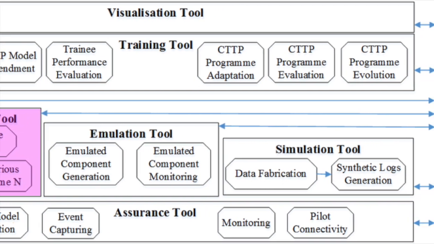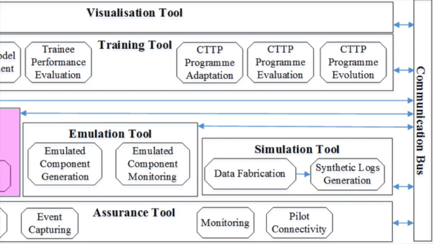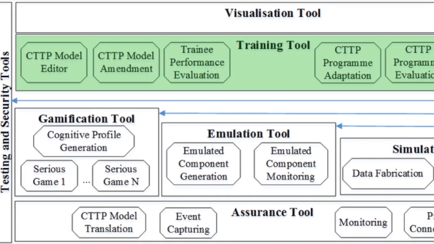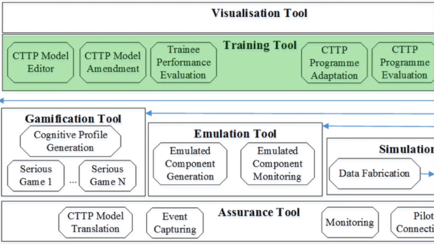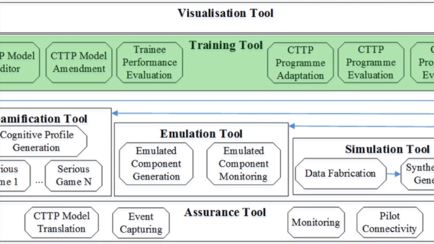The games to be provided will be driven by the threats and assumptions specified in CTTP modules. The training tool supports the definition of CTTP modules and programs, the presentation of learning materials, and exercises of CTTP programs.